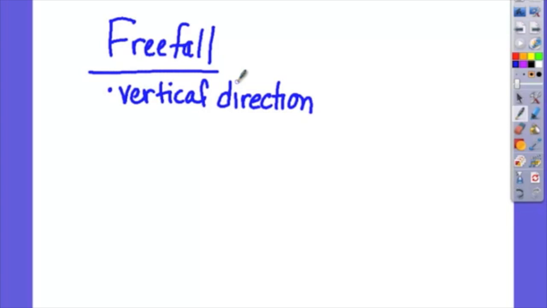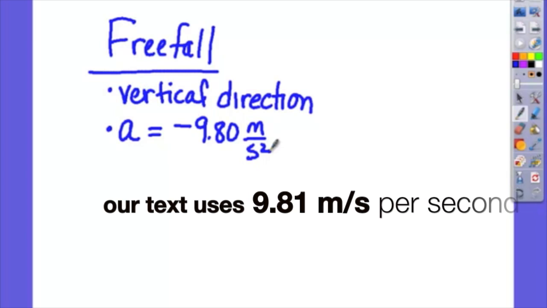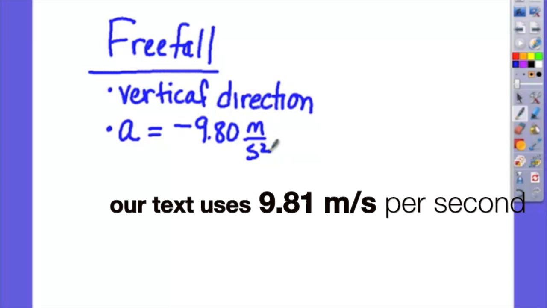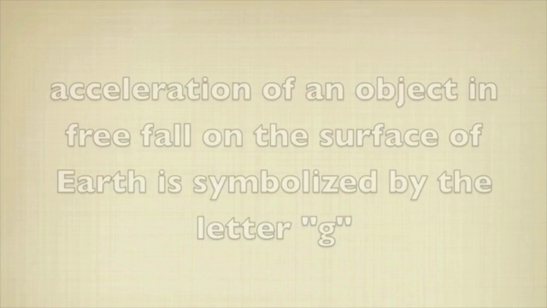All right, that means that we have one-dimensional motion, and we also know that the acceleration due to gravity, which is going to be a constant value of negative 9.80 meters per second squared, is going to allow us to insert that acceleration into any of the processes that we have with our free fall actions.